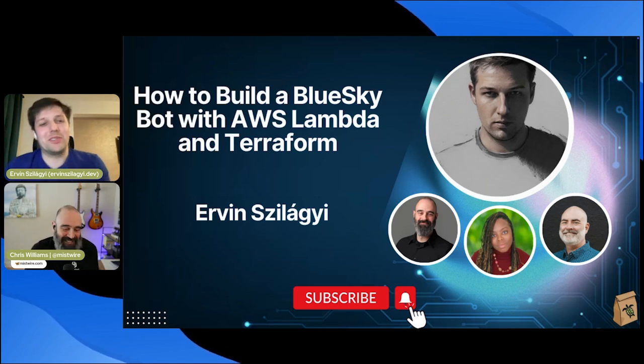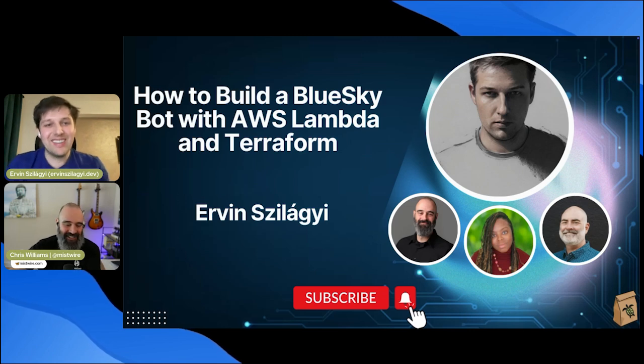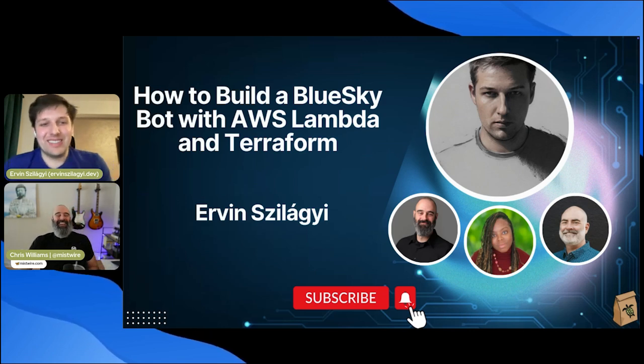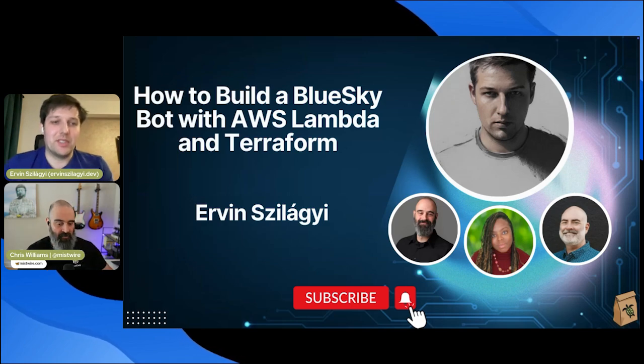Yes, of course. I'm Ervin. You pronounced my name properly. So yeah, I'm from Romania, but I'm Hungarian, and my last name is Hungarian, and that's why it has all these fancy characters. Other than that, yeah, I'm a community builder since 21 in the containers area.